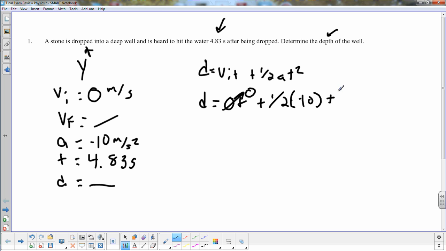And we know our T is 4.83, so 4.83 seconds squared.